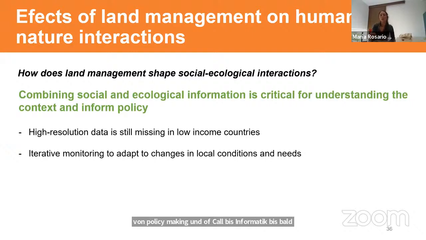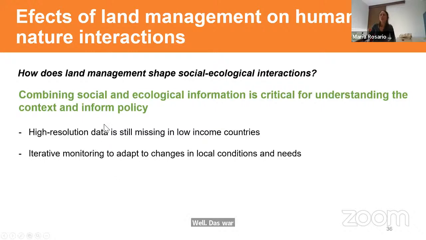It's harder to collect not only ecological but also social data at this level of detail. But this data is becoming increasingly available, and it's also important to iteratively monitor these aspects to adapt to changes that can happen not only in local conditions but also in local needs. So this type of study is likely to be developed in the future as well.